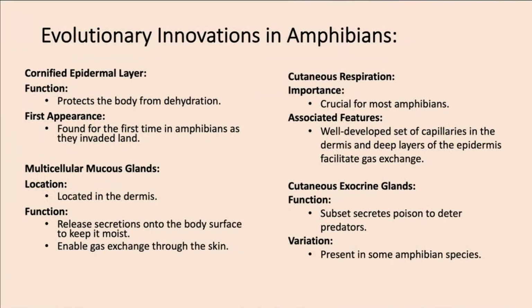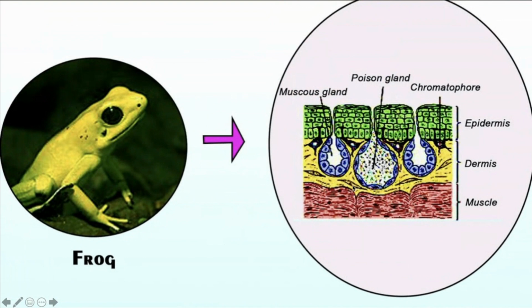As we said, their glands can also secrete poisons so that they can protect themselves from predators, but not all amphibians have this, only some of them do. So here we can see the multicellular glands. Now, chromatophore, you might be wondering what that is, but that's basically a pigment. Chroma means color.